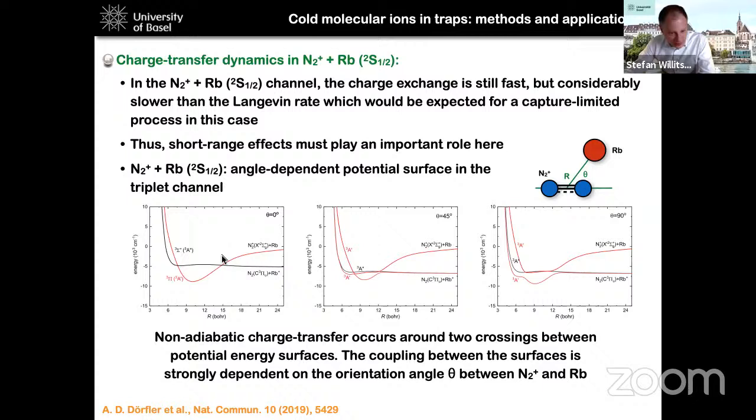During the time they are trapped here, they can undergo multiple crossings between the two curves. Only if they find themselves at the crossing on the black curve on an outgoing trajectory can they undergo a real charge transfer. The probability for this is not 100%, and therefore we in the end observe a rate constant that is lower than Langevin.